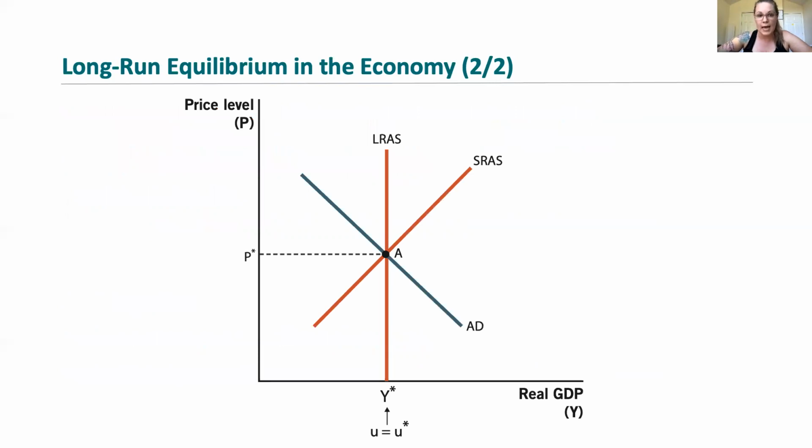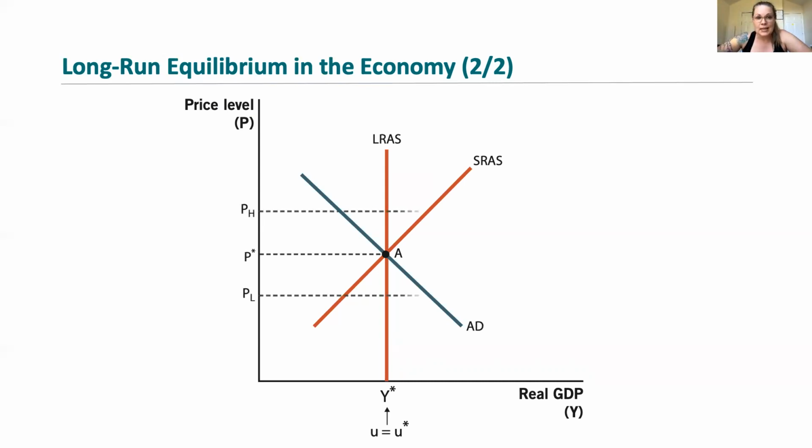There's that point A that exists at the intersection of aggregate demand, short run aggregate supply, and long run aggregate supply. So if we start at equilibrium, we note that there's a single point of equilibrium quantity denoted by Y star. It's a quantity of GDP, real GDP, quantity of spending on consumption, investment, government spending, and net exports that occurs at full employment.